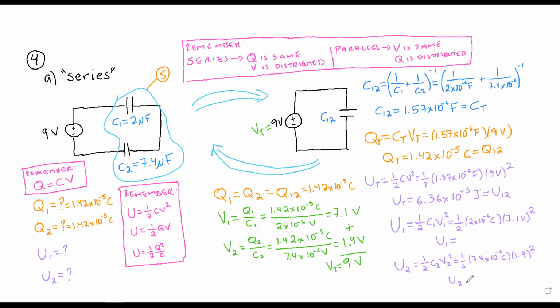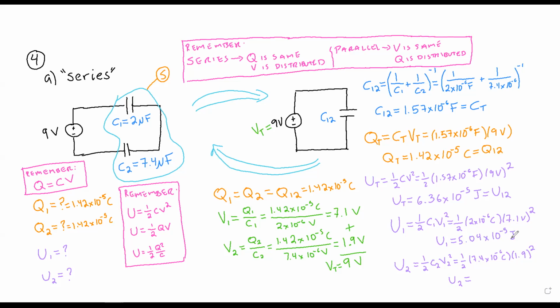And U2 would be equal to, we'll calculate both of them, please. The first one I got 5.04 times 10 to the minus 5. 5.04 times 10 to the minus 5. These would be joules.